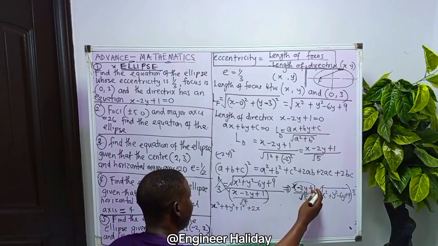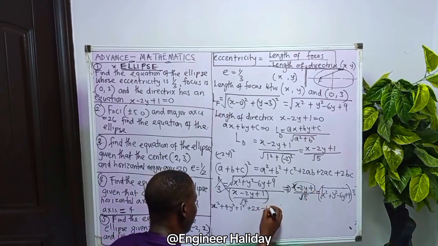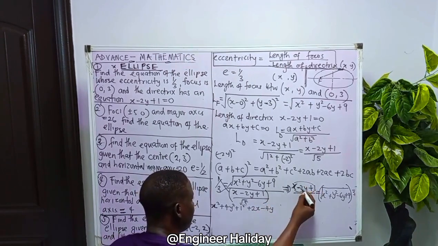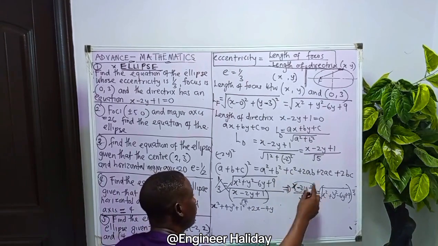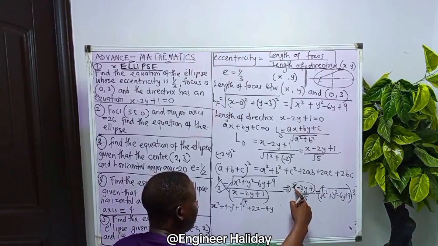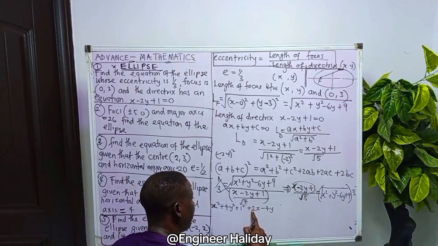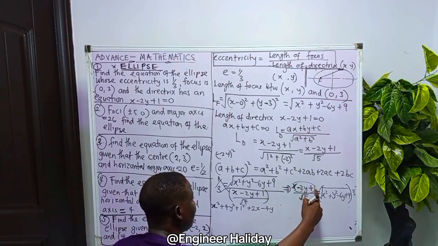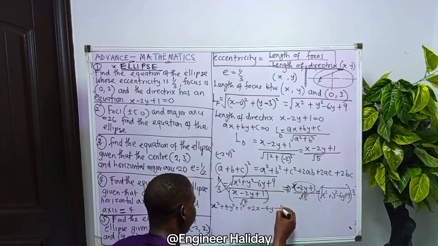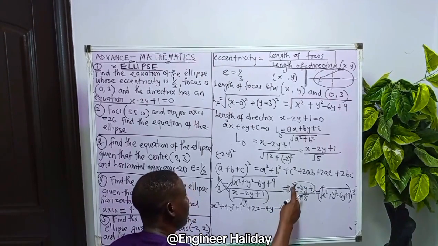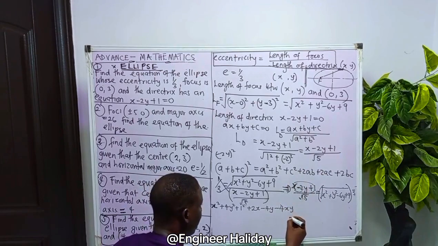Then this times this, I would have minus 4y, that means minus 2y times 1 times 2. Remember, for all of them I only have 2. So we have taken this one times this multiplied by 2, this one times this multiplied by 2, then this one times this multiplied by 2, I would have minus 4sy, following this principle.